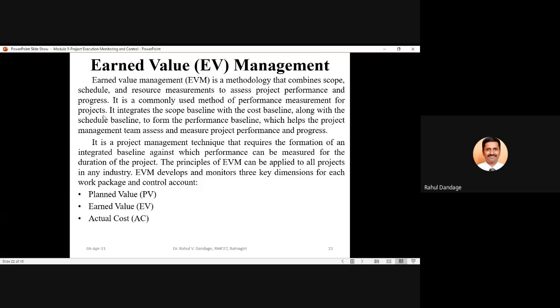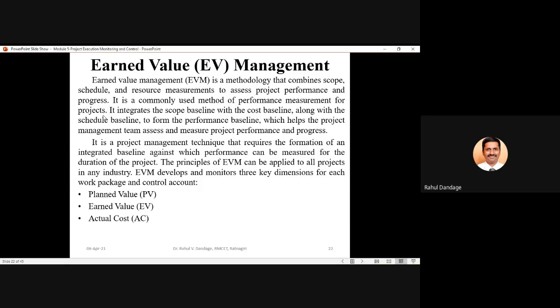These important characteristics must be combined together, understood and integrated so that the performance and progress of your project can be evaluated and assessed.